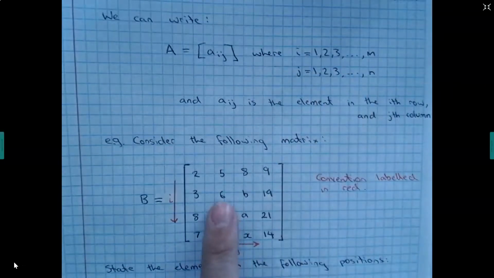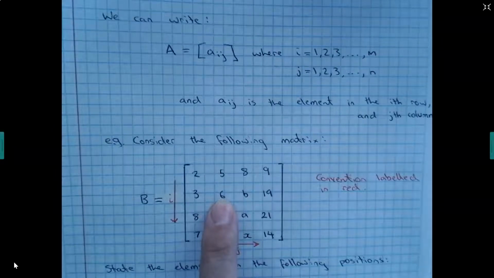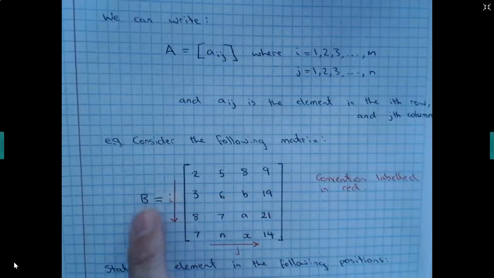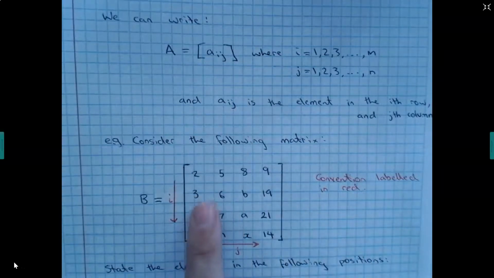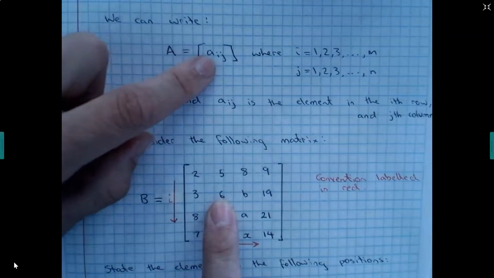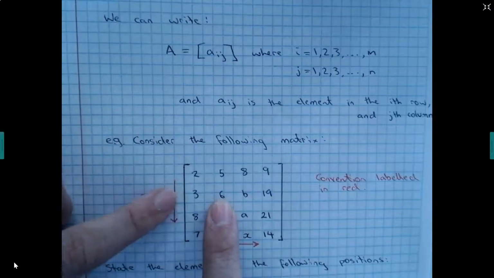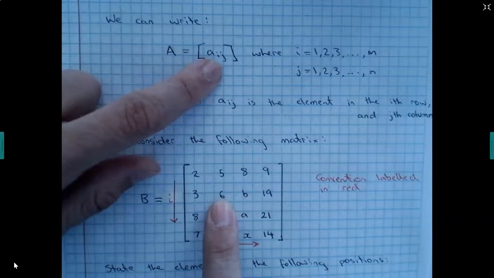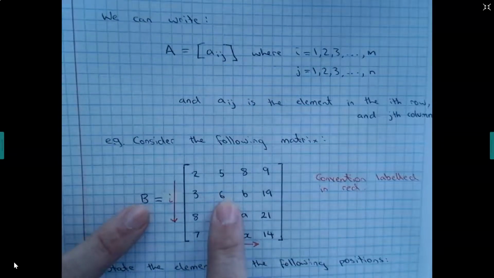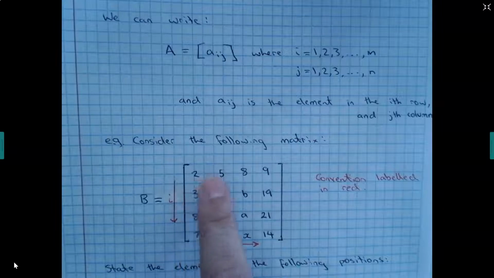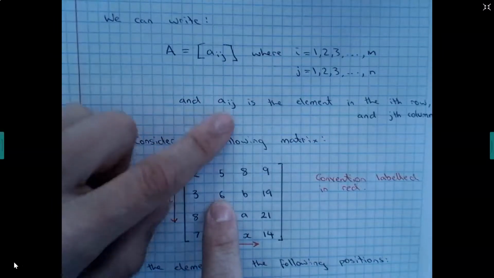So if I was to look at this number 6 here, right, that element of this matrix is 2 down, 2 across. Since this is matrix B, not matrix A, I'll use the letter B, so this element here would be B2,2.